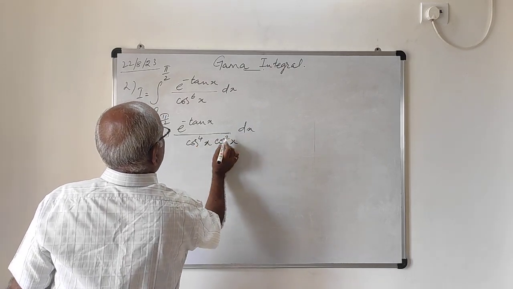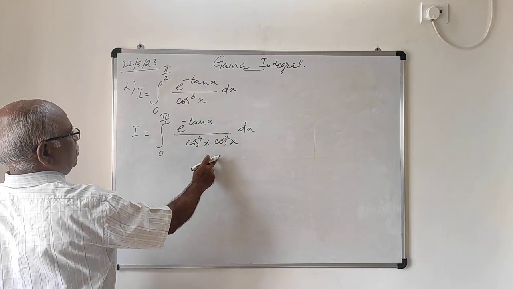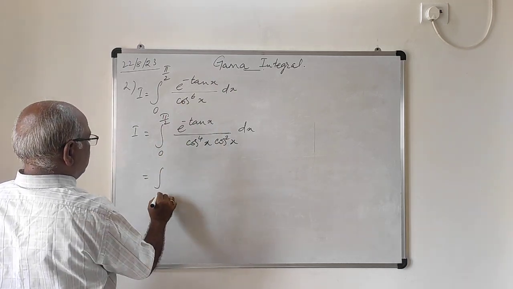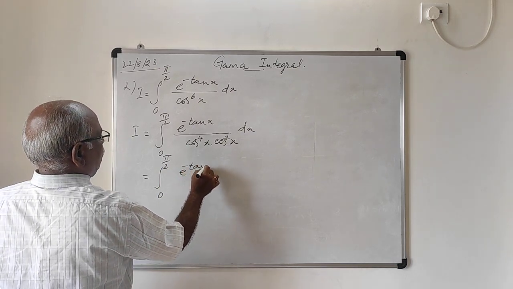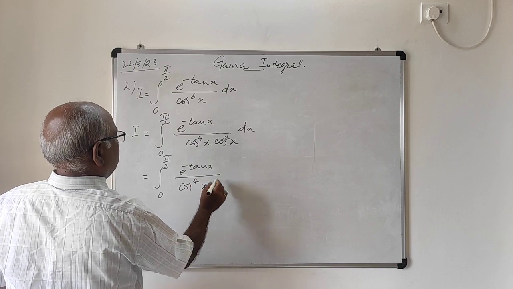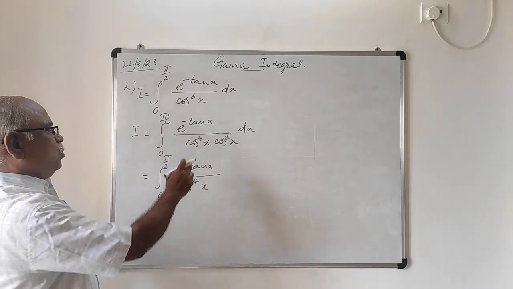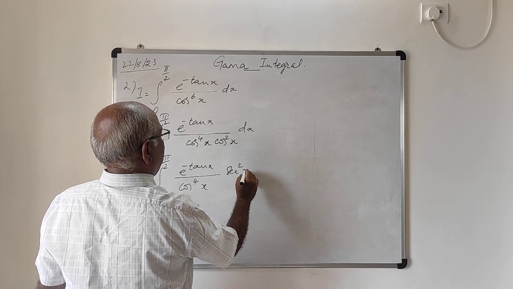This is equal to integral 0 to pi by 2 e power minus tan inverse of x by cos power 4x, and the denominator cos square, if you bring it to the numerator, becomes secant square x dx.